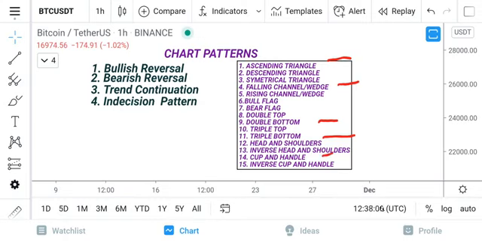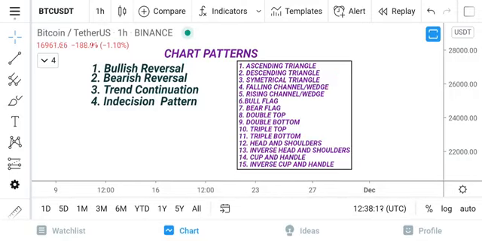Those are bullish reversal chart patterns. So for bearish reversal chart patterns, you have a descending triangle, you have a rising channel, you have a double top, you have head and shoulders, you have a handle.